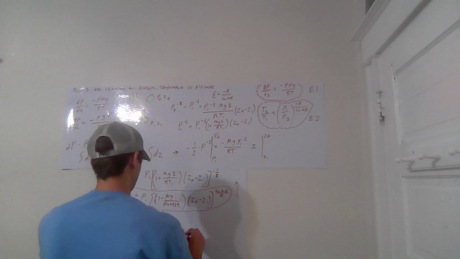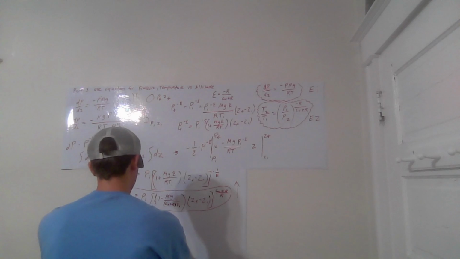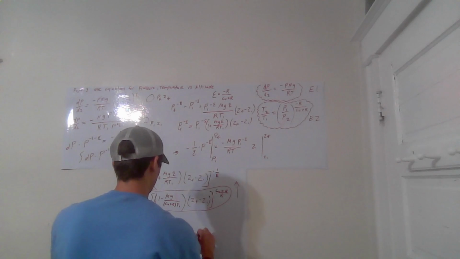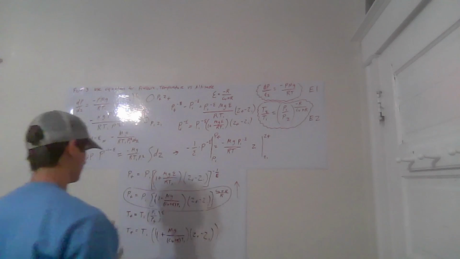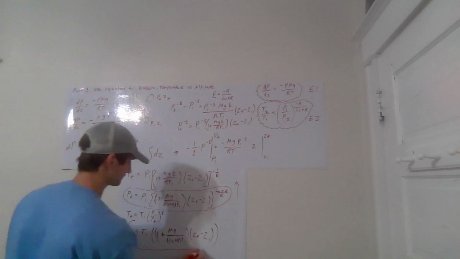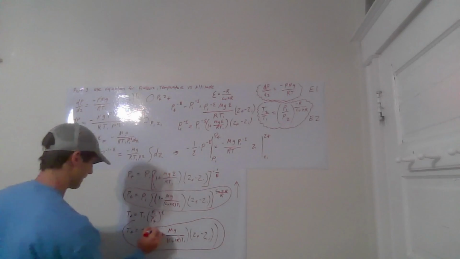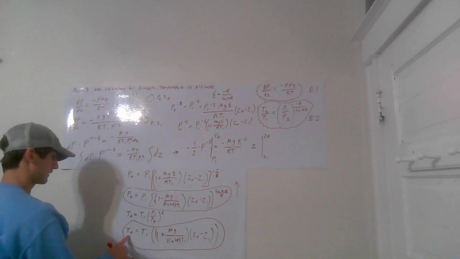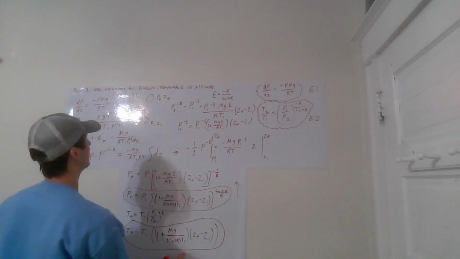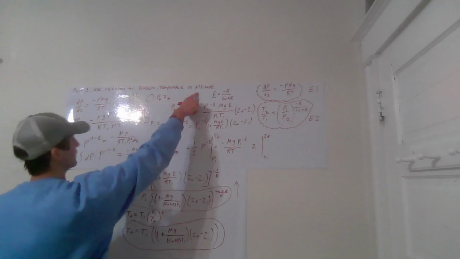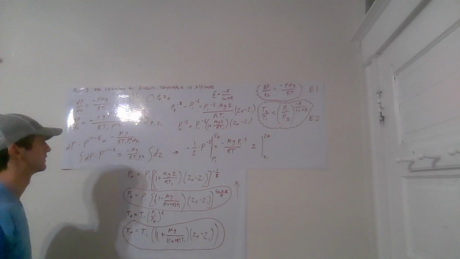Again, this times ZF minus Z initial. Close both those parentheses, and this will be our final equation that helps us find our temperature final. This equation relates the temperature and the altitude, and this equation relates the pressure and the altitude. And that will finish our part.